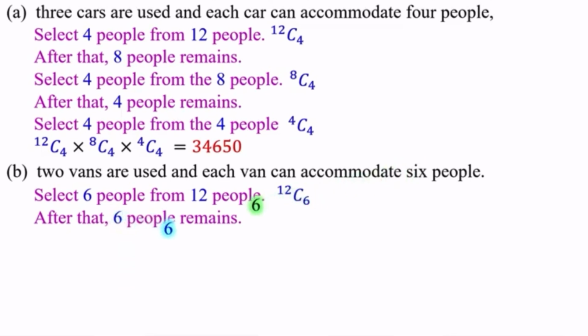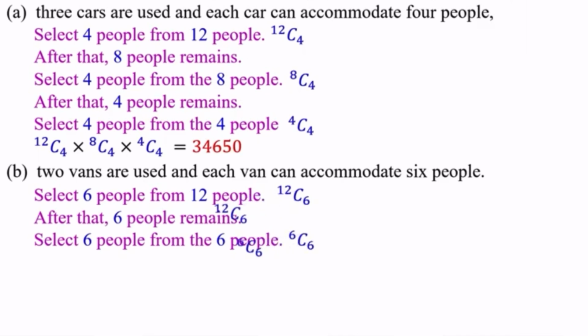Let's see how to write the steps for choosing 2 vans to use, and each van can accommodate 6 people. So the final answer will be 12C6 multiplied by 6C6.